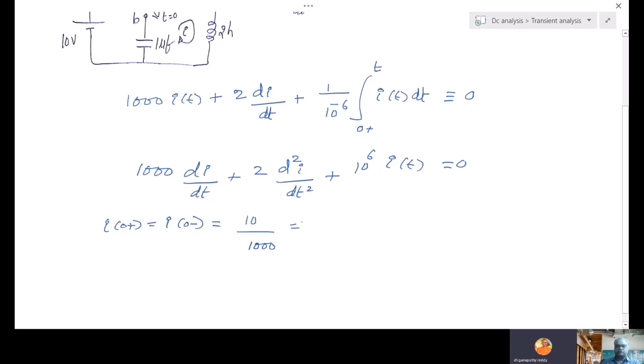How much is this? 10 milliamps. I0 minus is 10 milliamps.